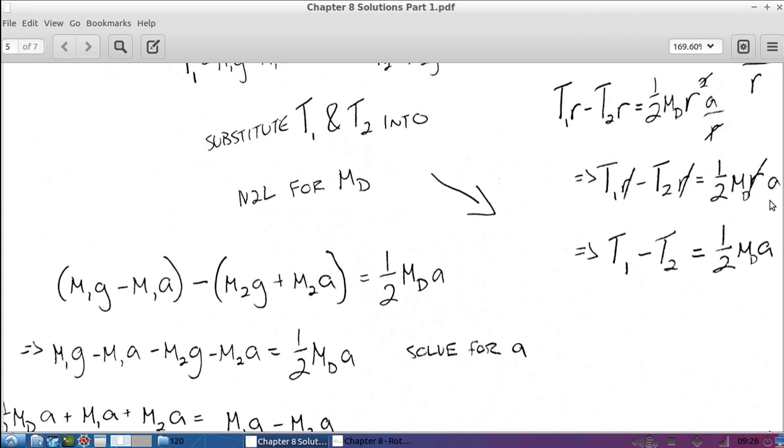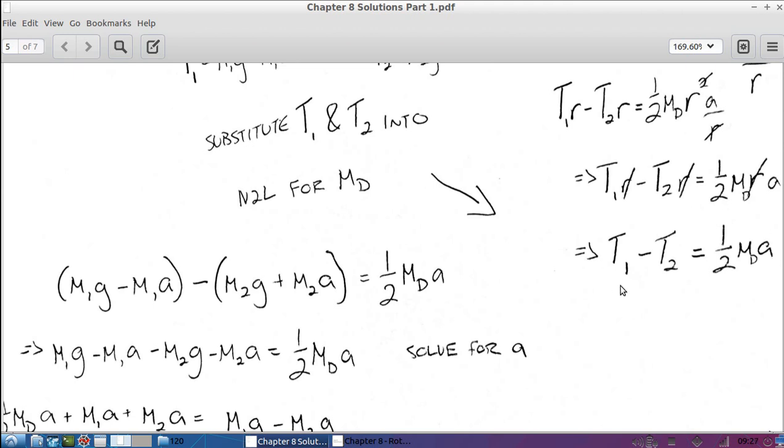But something else I notice in this step is that every term has an r in it. I know what r is, that's great, but it turns out that I won't have to use it. So every term has an r, so I can cancel an r out. So now this is my simplified version of my Newton's second law equation for the pulley. So it's T1 minus T2 is 1/2 the mass of the disk times the acceleration.